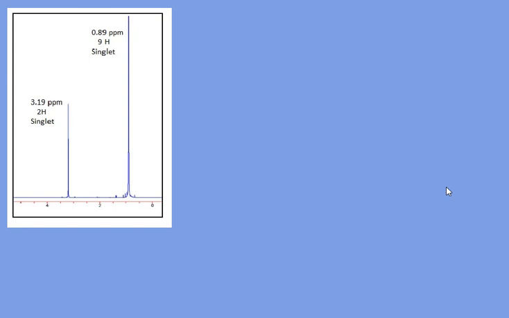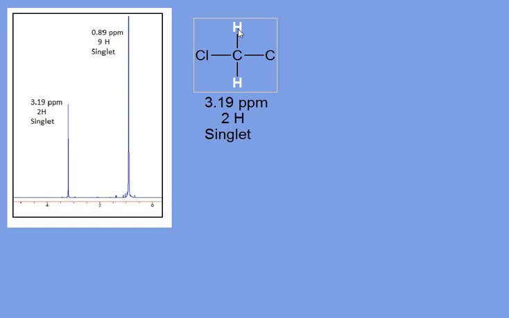So let's look at the NMR and the peaks we have for the NMR. Just 2 peaks, 3.19 for 2 hydrogens and 0.89 for 9 hydrogens. That tallies with the chemical formula, which suggested 11. So we don't have to double or treble this ratio. So the peak at 3.19 ppm, that's of course a singlet, which means that those 2 hydrogens don't have any non-equivalent neighbors on the next carbon.